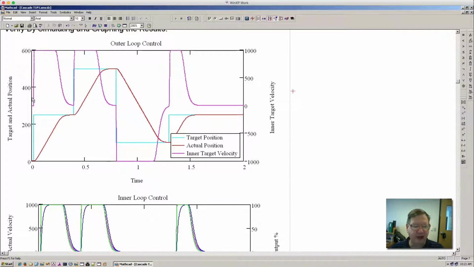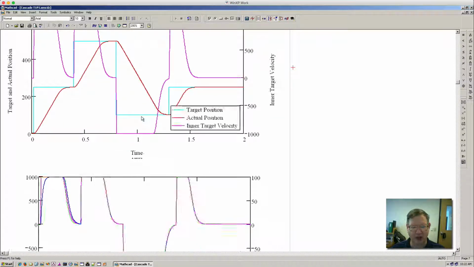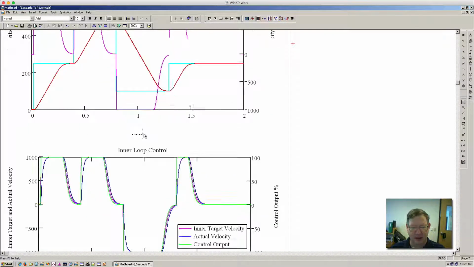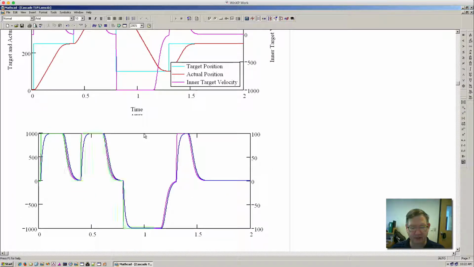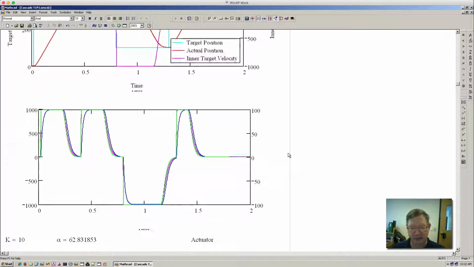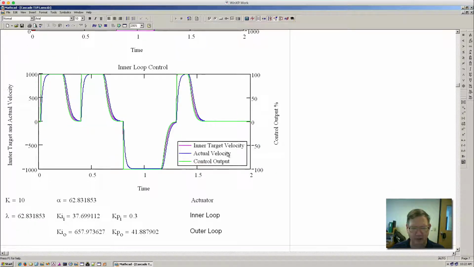The magenta line is the inner loop target velocity, or the output from the outer loop. So you can see this is what the inner loop should be following. The actual velocity for the inner loop is following the inner loop target velocity pretty well.